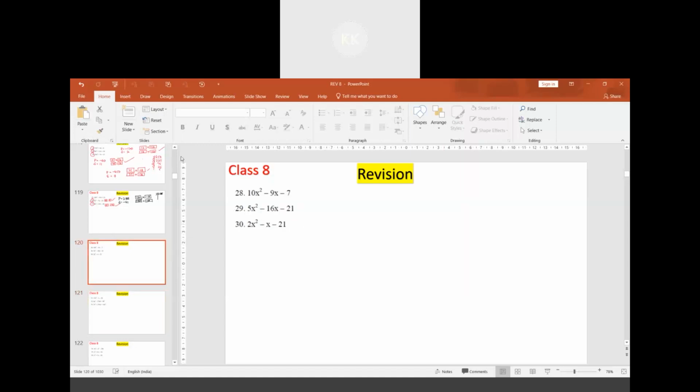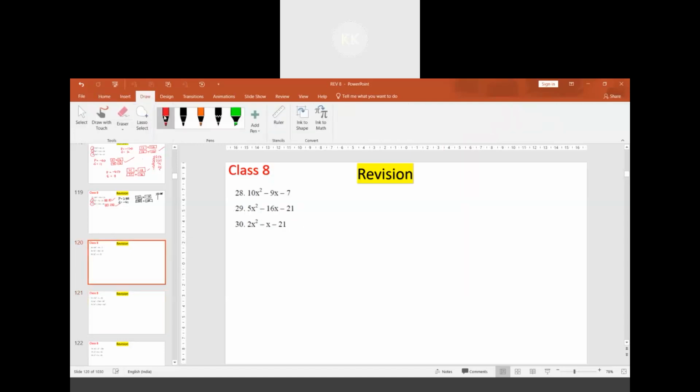Let me identify these questions which I am ticking now. These are easy types, easily we can solve them. This one is again easy. 31st question is easy, but the 32nd and 33rd questions are a little difficult.